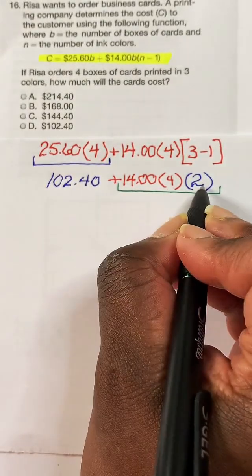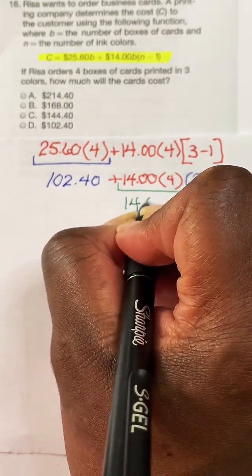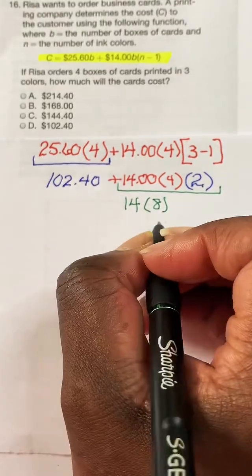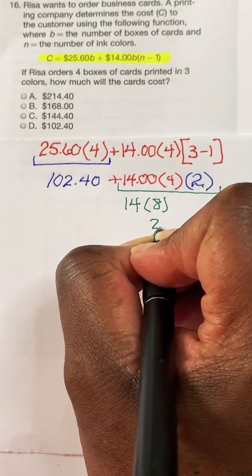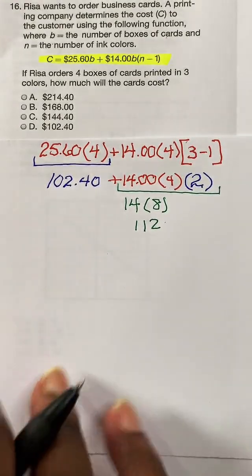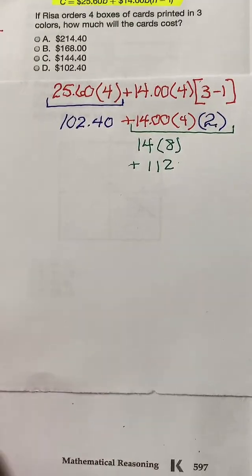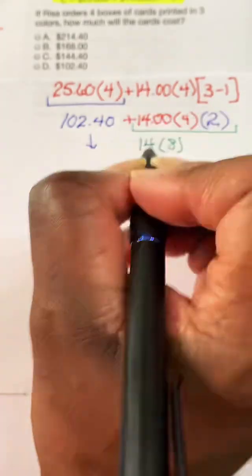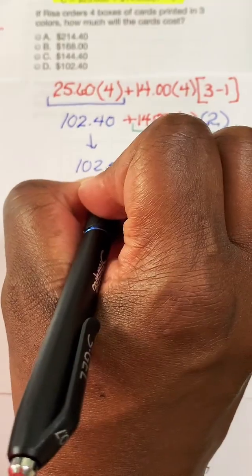So I know 4 times 2 will give me 8. So that means I got 14 times 8. And with my 14 times 8, that gives me 2, carry over, that's 11, so that's 112. So with my 112 plus, bring on down that 102 and 40 cents.